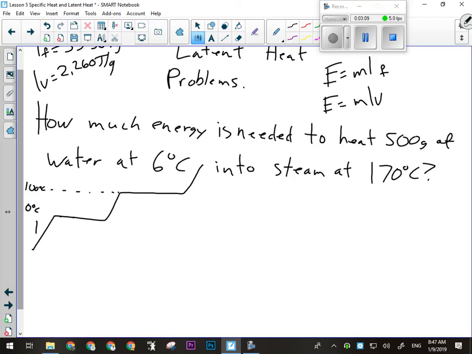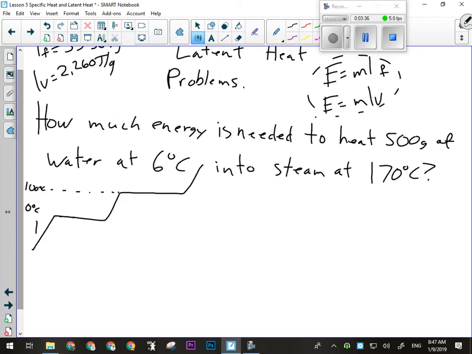During this flat line, ice would be melting or water would be freezing. During this diagonal part, we would have water changing temperature, and then we would have water evaporating during the horizontal part at 100, and then steam being heated in the diagonal part after that. So anywhere where the line is flat, we're going to be using one of these two formulas.